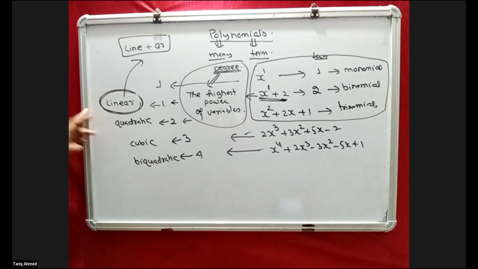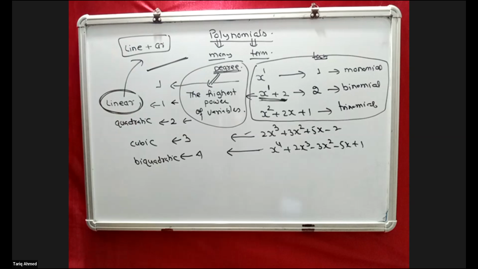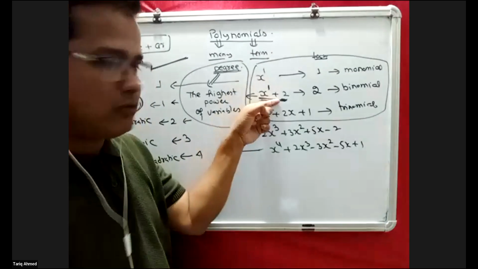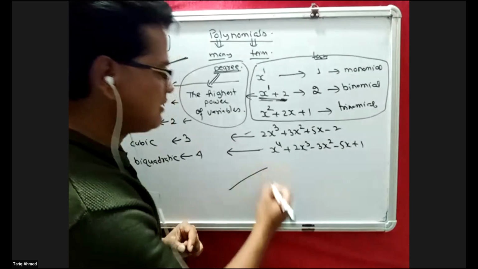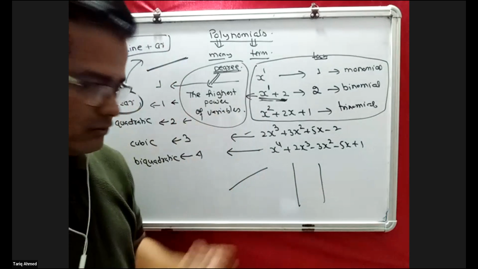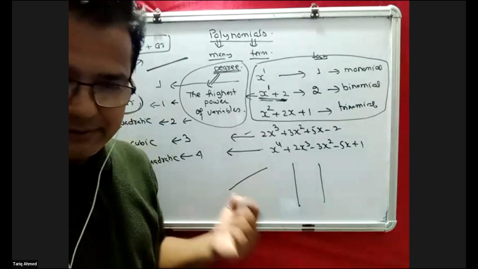And line means a straight line. Why is it named like that? Because when you draw the graph of a linear polynomial, you will get a straight line. That's why it is called linear. So now you have understood that linear means in one straight line. Fine.